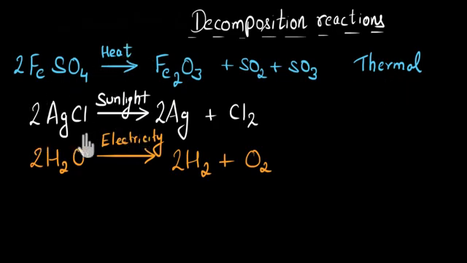And in some reactions, decomposition happens using the energy of sunlight. And these are given a special name. They are called photochemical decomposition reaction. And you might be wondering why photo? Because see, light is said to be made of small packets of energy called photons. And that's where this name photo is coming from.